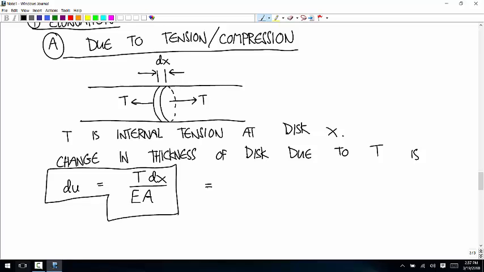You can think of that as T over A, that's the normal stress.